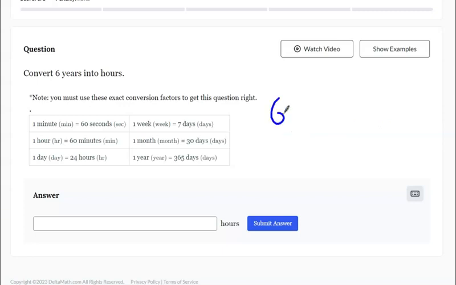I have 6 years, and I want to make that into hours. Now, I don't know how many times I'm going to be multiplying, but that's my goal. 6 years into hours. So, the only way for years to disappear is for years to be in the numerator and canceled in the denominator.